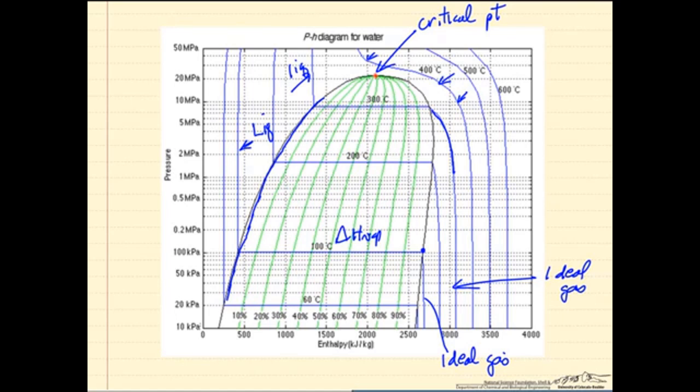Let's look at a couple other aspects of this diagram. These green lines, for example, this line labeled 30% corresponds to 30% quality. In other words, this corresponds to 30% of the water is present as vapor, 70% as liquid at each of the different temperatures and corresponding pressures.